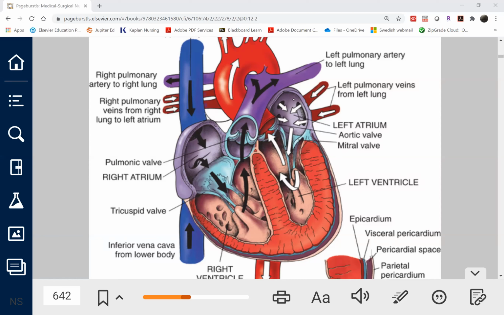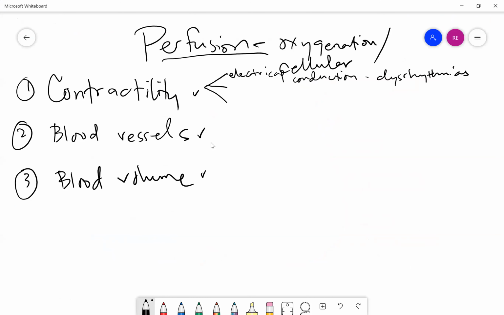What if we have a structural problem, which we will discuss probably in 2 weeks? The structural problem I'm referring to is valve disorders.